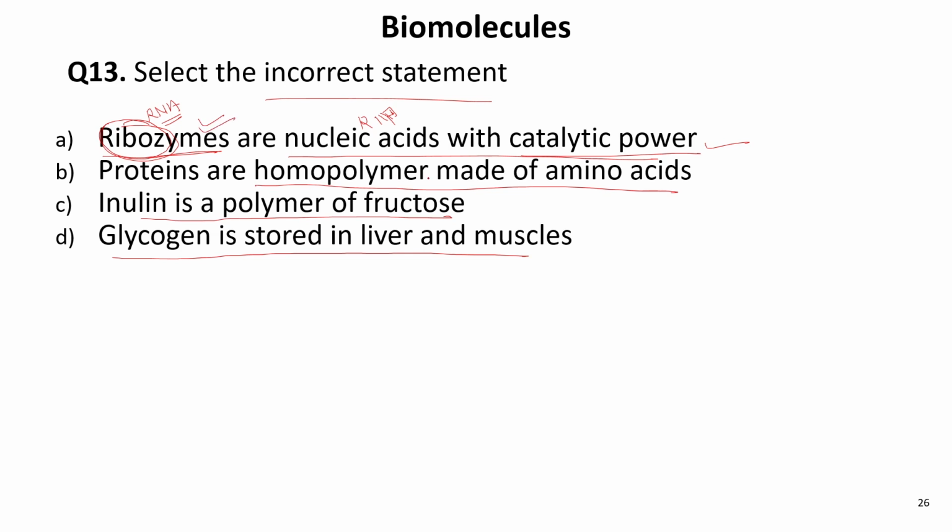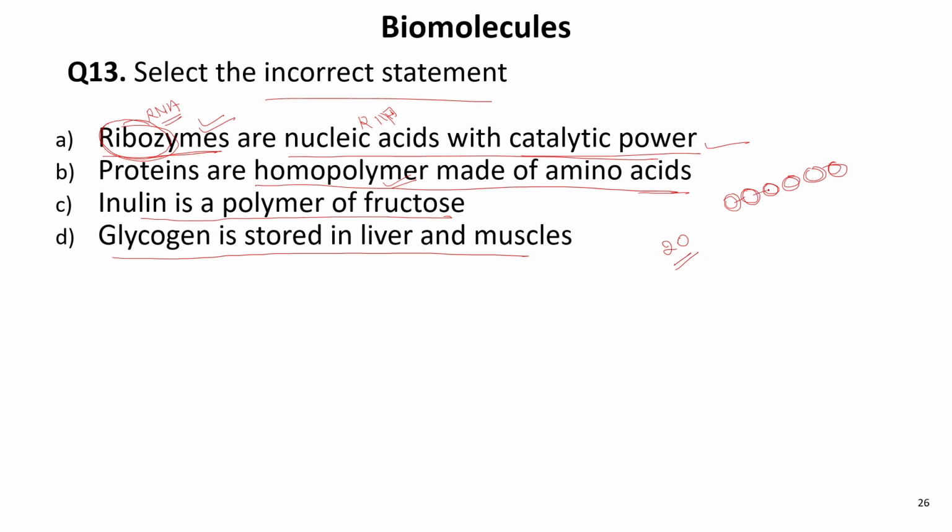Proteins are homopolymers made up of amino acids. Homopolymer means your monomer is the same. Our polypeptide is formed by amino acids, but we have 20 different amino acids. So our monomer is not the same.